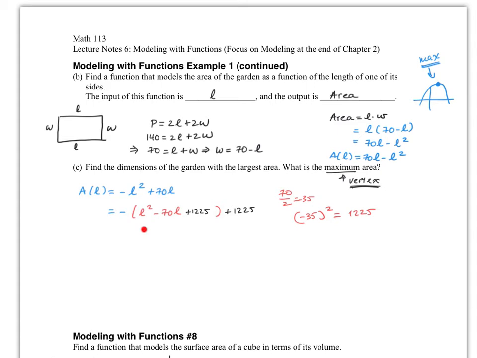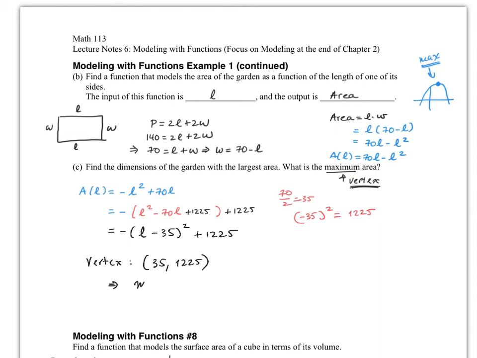Remember that this is actually minus, so this plus that will give you 0. Remember that this becomes this part. This is minus L minus 35 squared plus 1225, and therefore the vertex has the coordinates 35 and 1225.